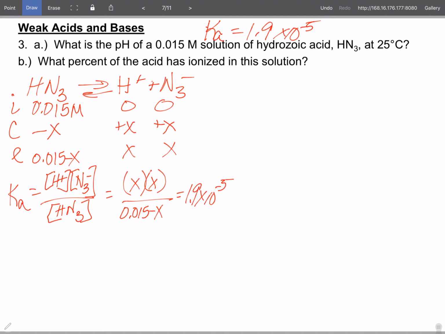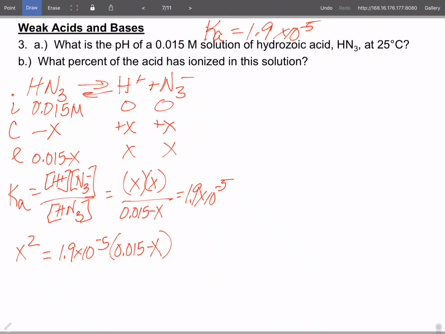Now, this is where we start multiplying. So we end up with x squared is equal to 1.9 times 10 to the minus fifth multiplied by 0.015 minus x.